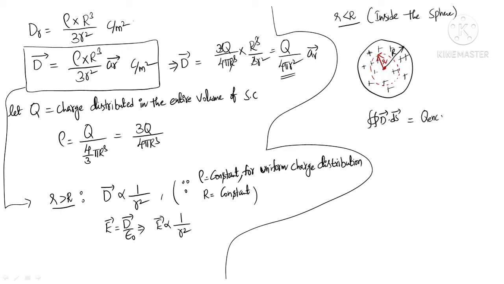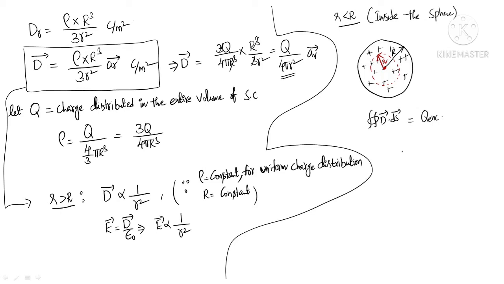Now the Q enclosed is not the total charge which is distributed in the sphere, but it is less than the total charge, because the Gaussian surface has a radius smaller than the actual radius of the sphere. Hence Q enclosed is less than the previous charge.